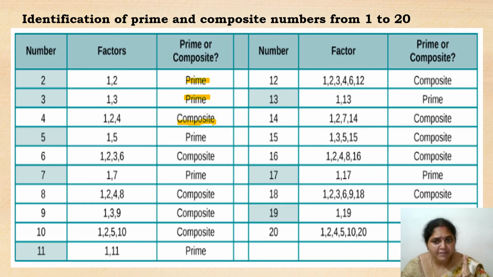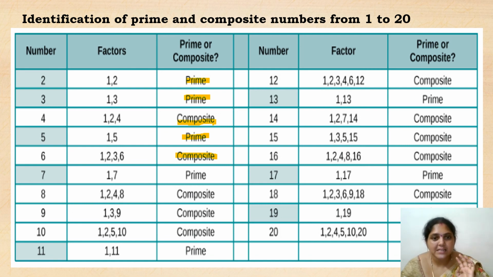5 is having only 2 factors. So if it is having only 2 factors, 1 and the number itself, then that number is known as a prime number. What about 6? 6 is having 4 different factors. So it is having more than 2 factors. That's why it is known as a composite number. 7 is divisible only by 1 and itself.